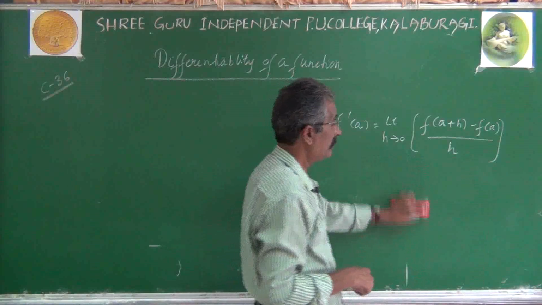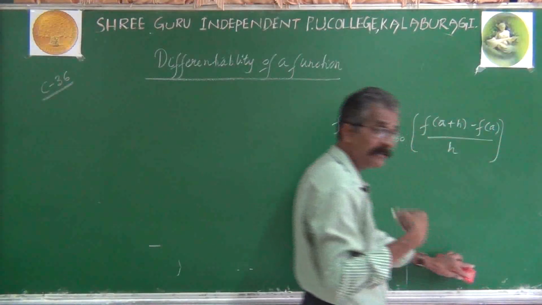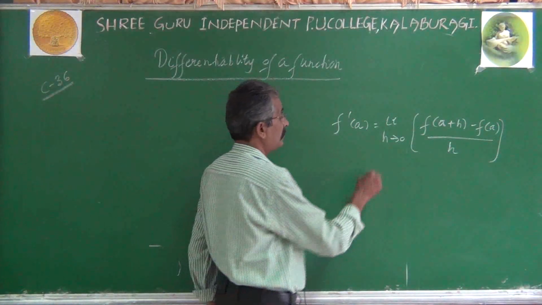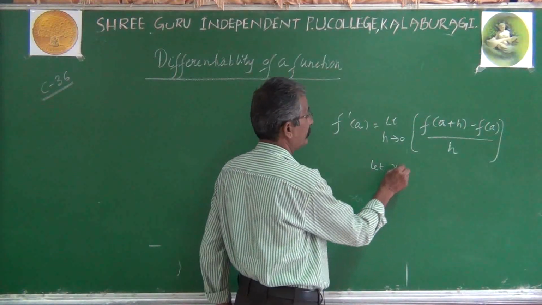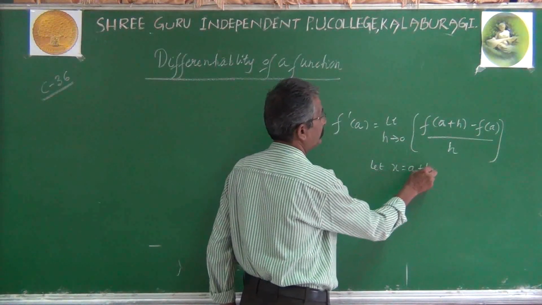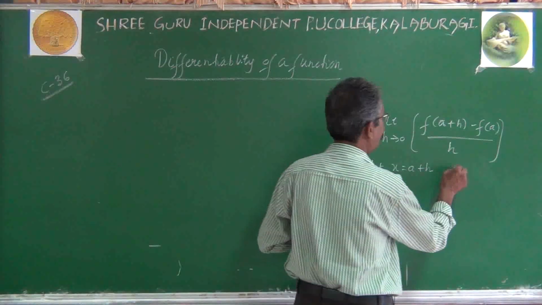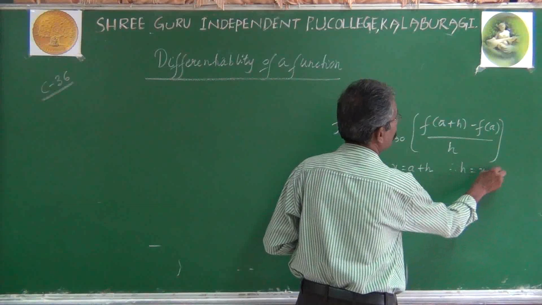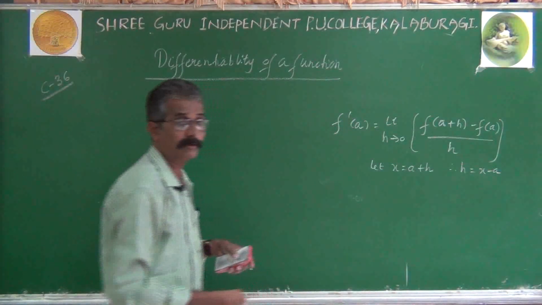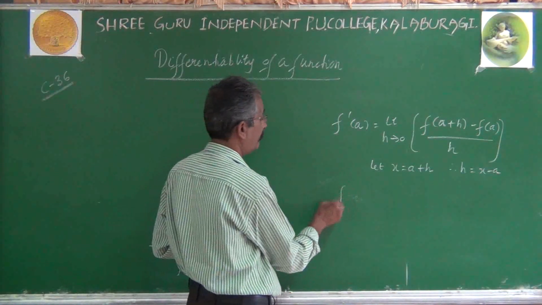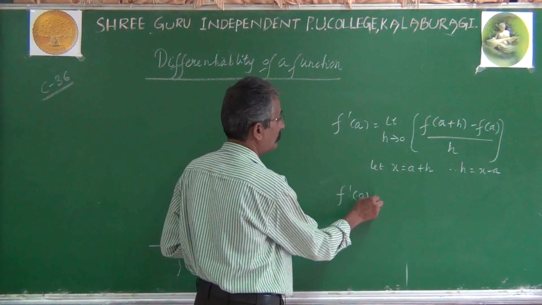Now this formula can be transferred to another convenient manner like this. Let us take for instance x equal to a plus h. On setting x equal to a plus h, or h equal to x minus a, the above formula becomes f dash of a equal to limit.